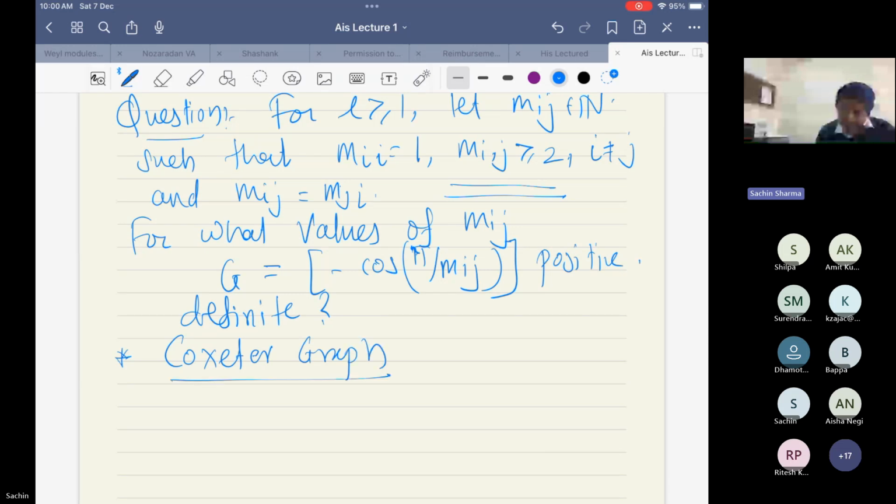So we have the Coxeter graph. What is the Coxeter graph?